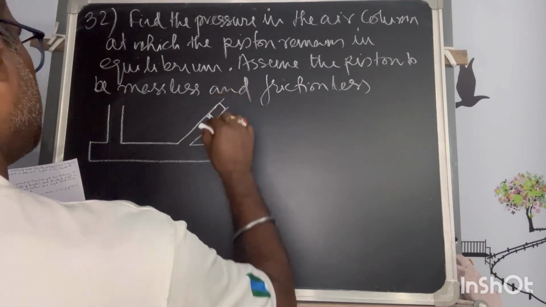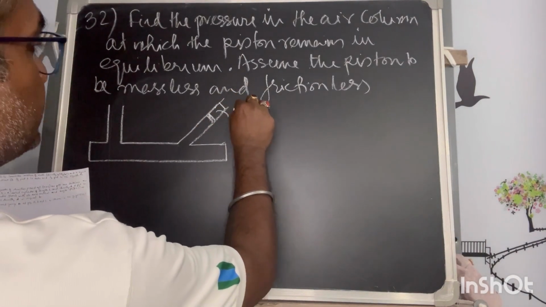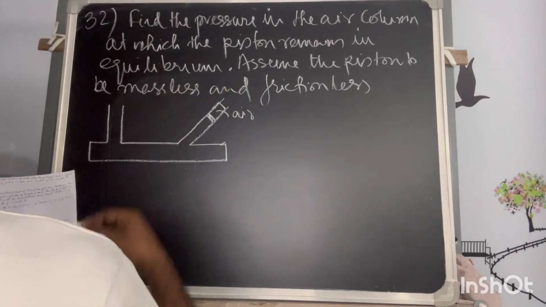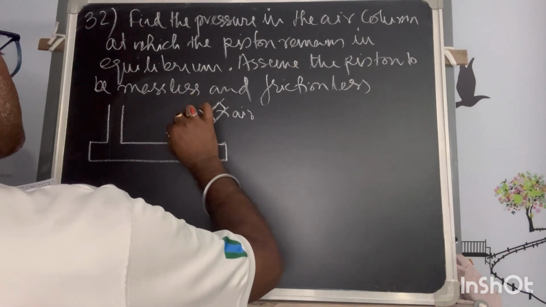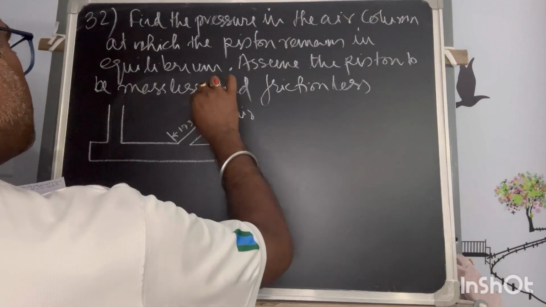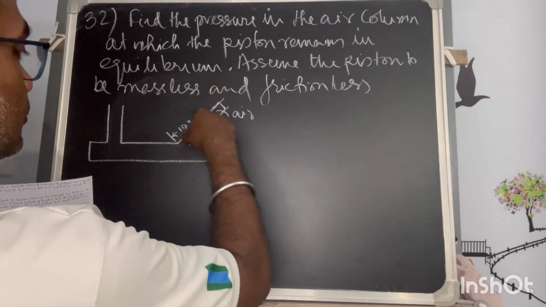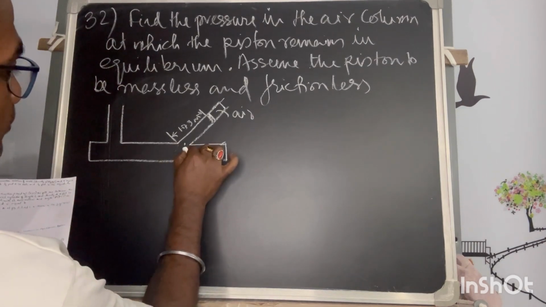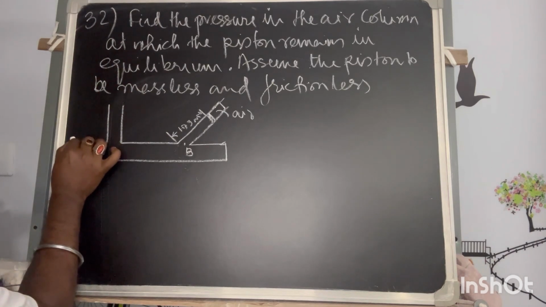This is the piston and this is the part where air is filled. So this is the cylinder, air operated piston cylinder, you can say. The length of which from this to this is 1.73 meter, up to the bottom of the piston. There is a point B which is matching at the same datum level. This is your datum.